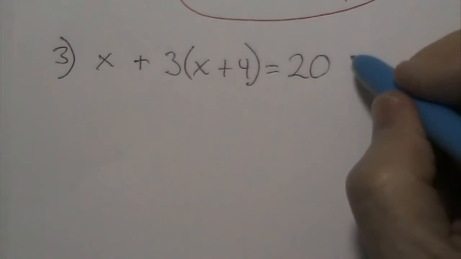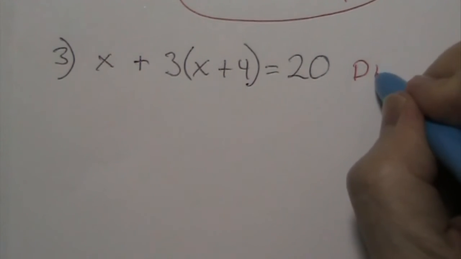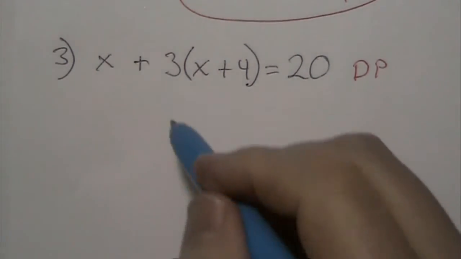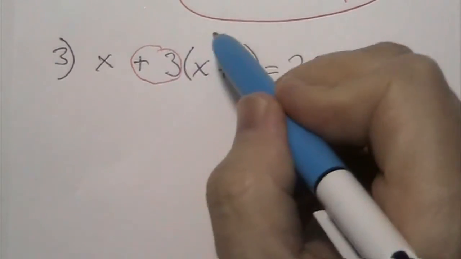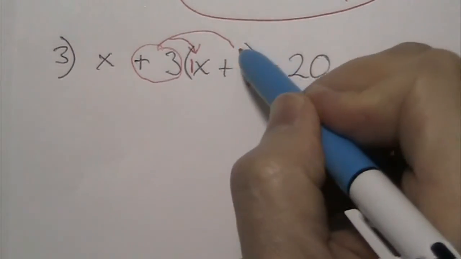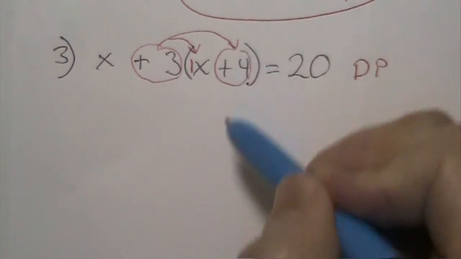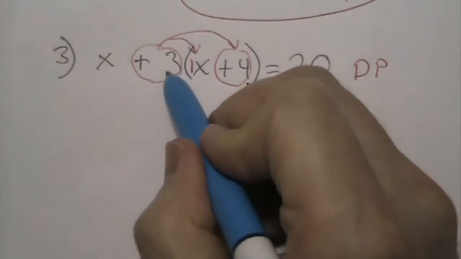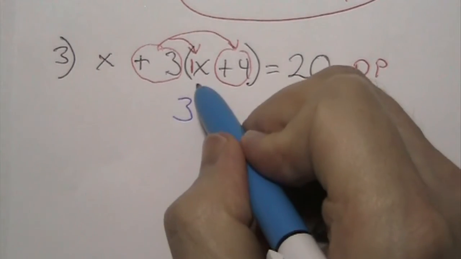Okay, number 3, our first step, distributive property. So take the outside, that's a positive 3, times each one inside. That's a 1, and that's a positive 4. 3 times 1 is 3, so that's 3x.